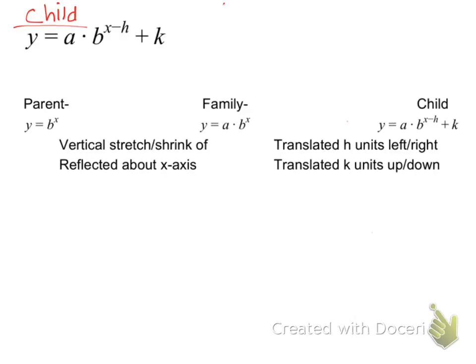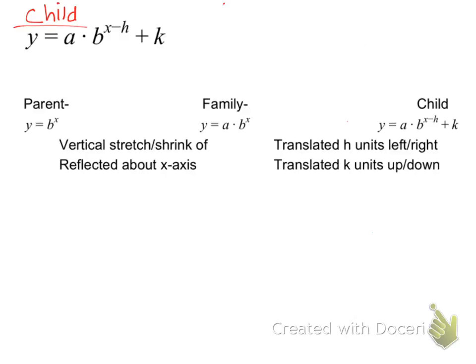Your child is throwing stuff at me and I've asked him to stop and it's not working. Okay? You go to the parent. The parent then is going to try to take care of it. If the parent can't take care of it, and this happens, they call the family. They call grandma, grandpa, they do whatever they need to do. They call somebody, and then they go on to the child and we take care of it. Okay? That's kind of the order we're going to do things.